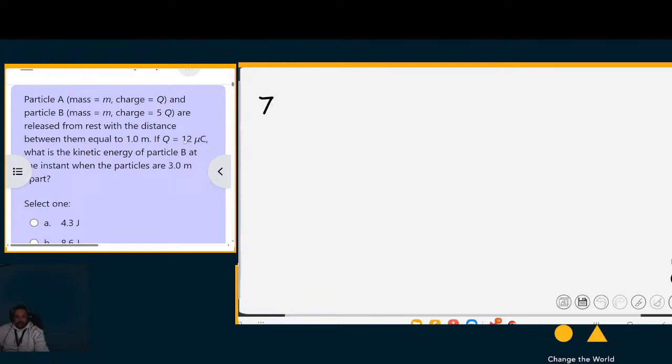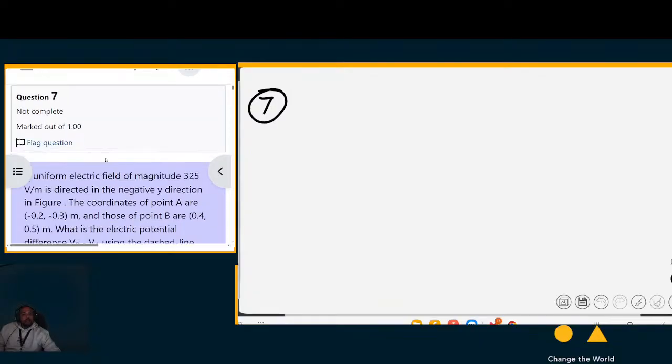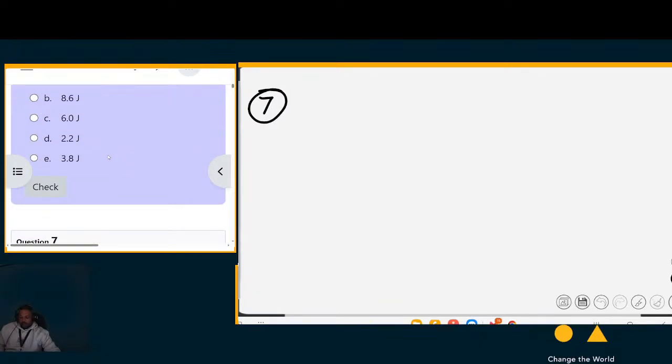Now we go to question number 7. See, no questions, so I assume this is pretty elementary for you guys. What was the answer there? 2.16, so basically 2.2. Let's check.